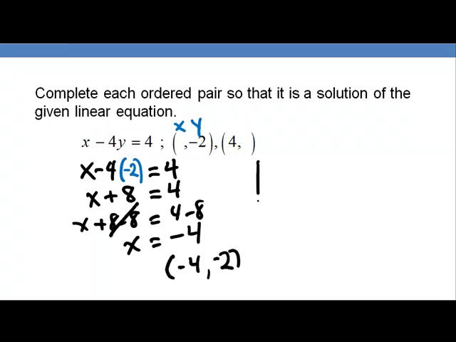Right, let's try one more. For the second one, they are giving us the x coordinate. They gave us the first one. So we're going to go back to the original and plug it in.